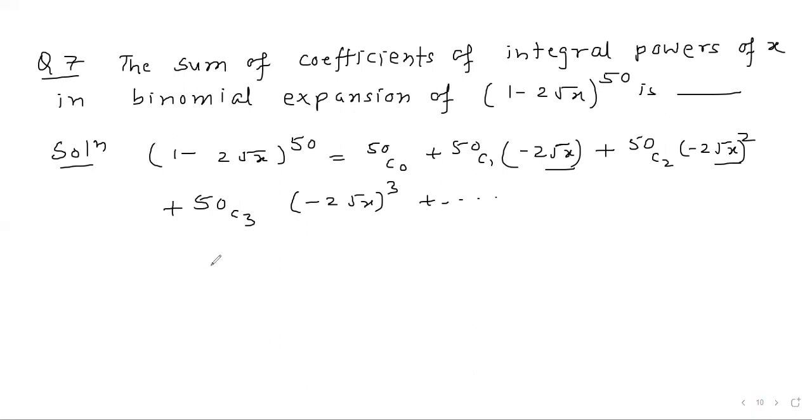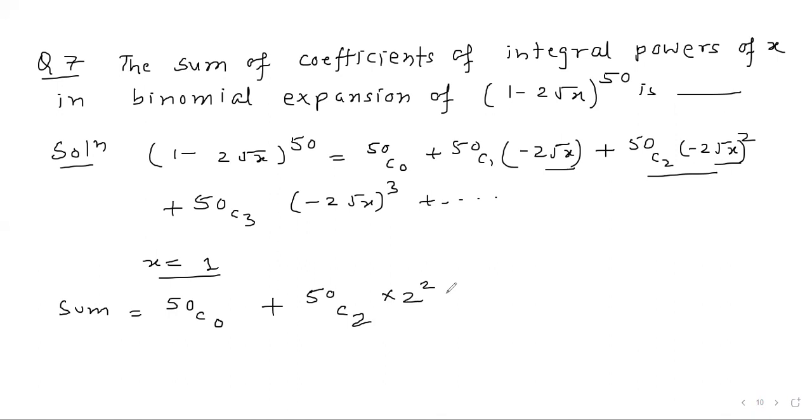And one more thing we can do: since we have to get the sum of coefficients of integral powers, we can put x equal to 1. So what do we get? We get 50 C0 plus here 50 C2 and this will become 2 square.